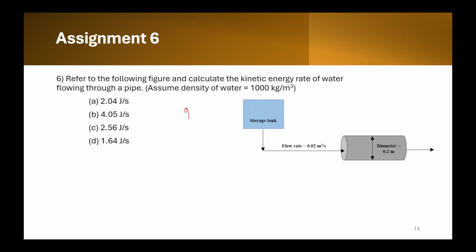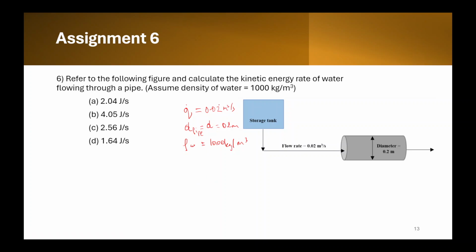Flow rate Q dot, volumetric flow rate, is 0.02 meter cube per second. We know the diameter of pipe D is 0.2 meter. So all are in SI units here up till now. And rho of water, or density of water, is 1000 kg per meter cube.